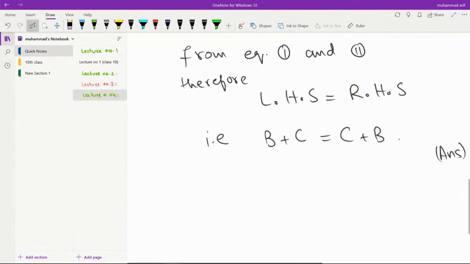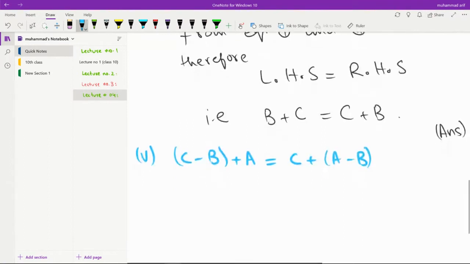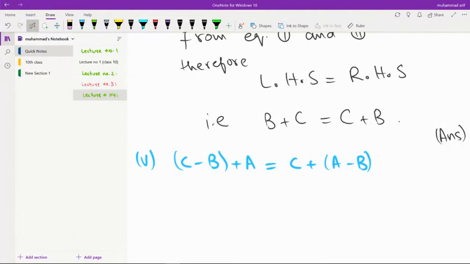Now we solve another part number 5. Part number 5 is C minus B plus A is equal to C plus A minus B. Part number 5 on book page number 14, question number 5.